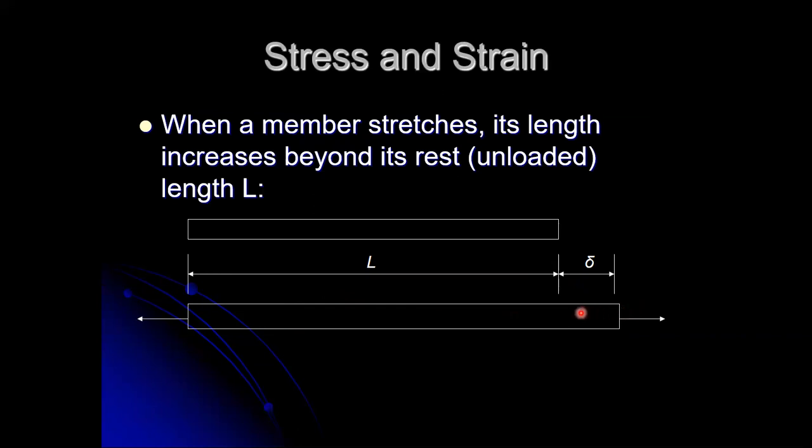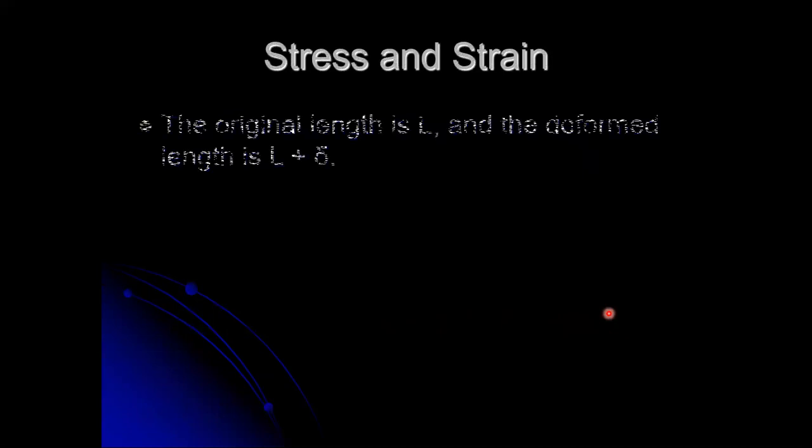What we imagine with strain is how much each little piece of the member, how much did each of those 100 inches have to grow so that in total we'd have 110 inches of length. Rather than thinking of just the very end of the beam extending by 10 inches, we look at how that extension is spread out over the entire length. That's the definition of strain.